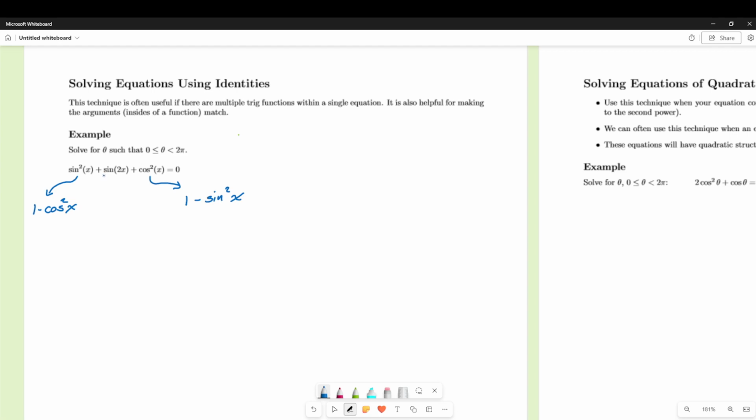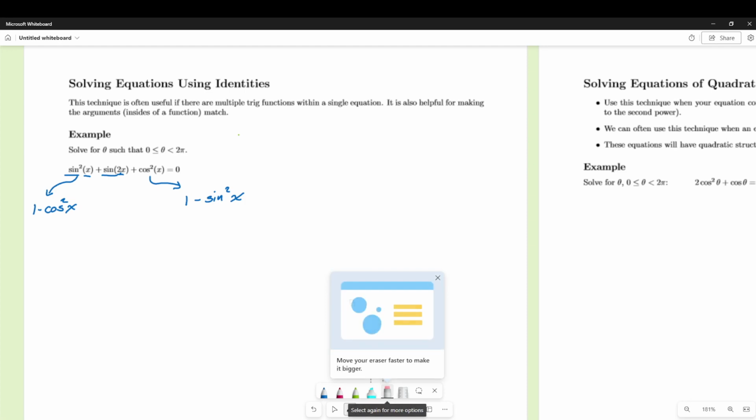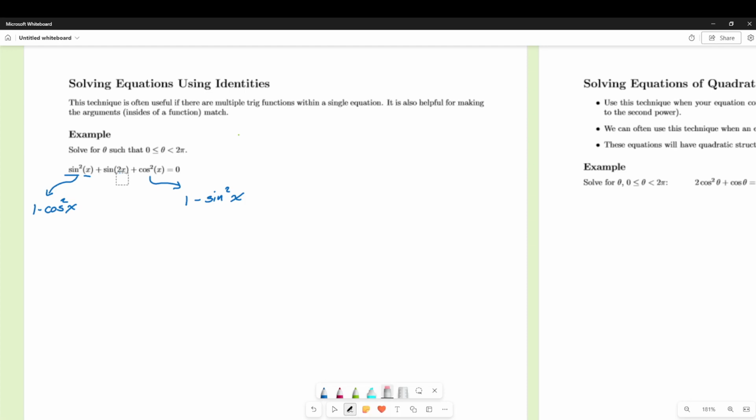We do notice we have a sine and a sine squared. That's generally going to make us think of quadratics. We'll talk about that when we get to quadratics. Having a trig function and its square in the same problem often should make us think about quadratics. But notice the arguments are different. This one's 2x and that one's just x. So the quadratic type logic isn't going to work real well.